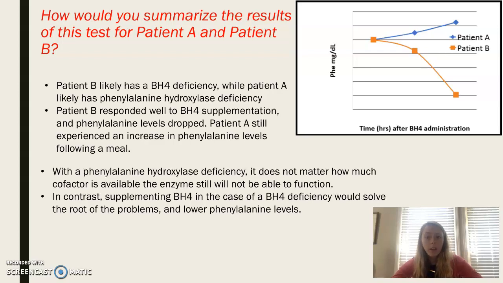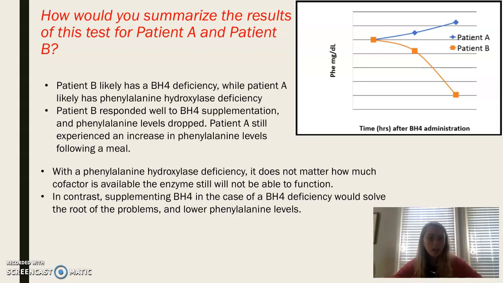So with a phenylalanine hydroxylase deficiency, it doesn't matter how much cofactor you have, the enzyme is still not going to be able to work, and you're still going to see that increase in phenylalanine. With a BH4 deficiency, BH4 supplementation fixes the root of the problem.